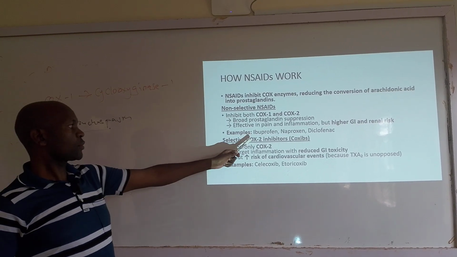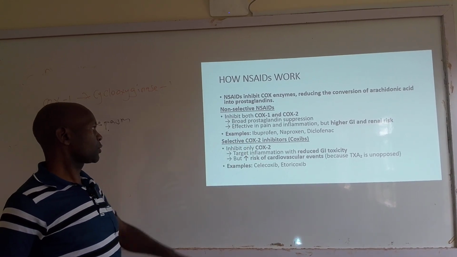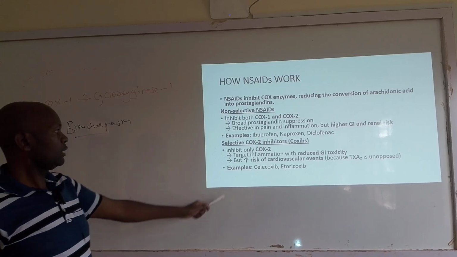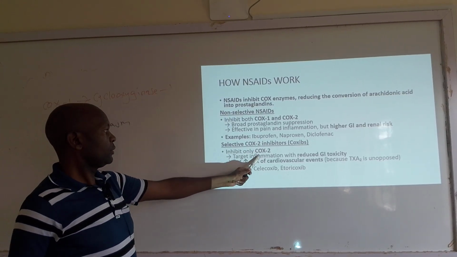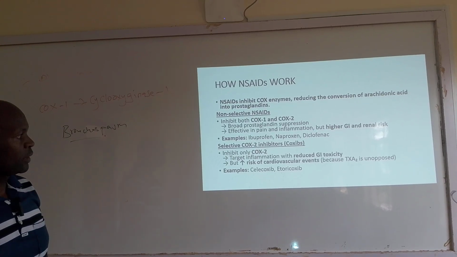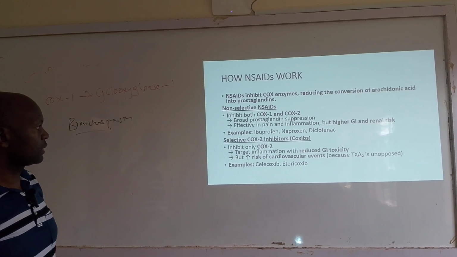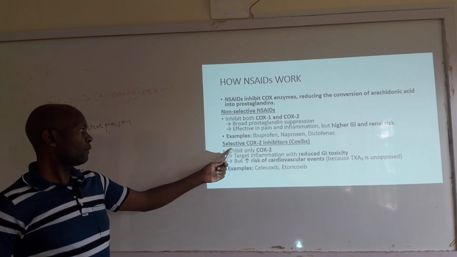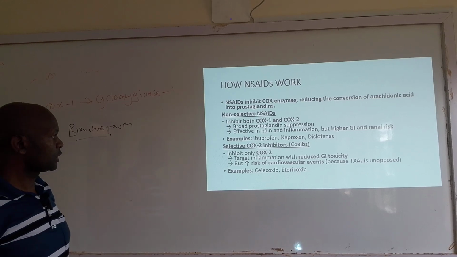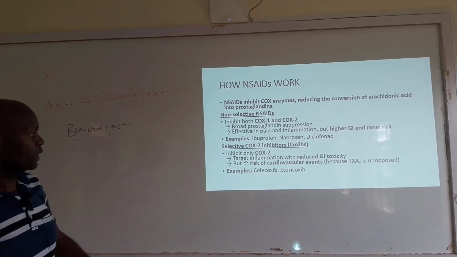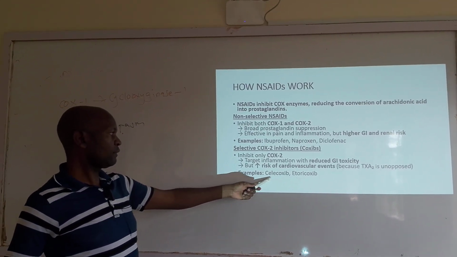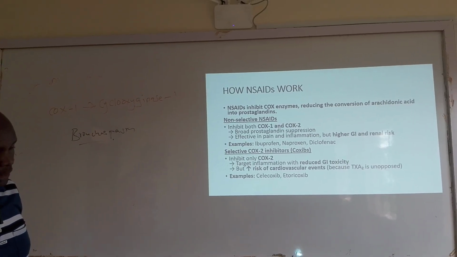And selective COX-2 inhibitors inhibit just COX-2. And when you inhibit COX-2, you are targeting inflammation, which reduces GI toxicity. So that is the advantage of COX-2 selective drugs. Examples of COX-2 selective drugs, we have celecoxib and etoricoxib.